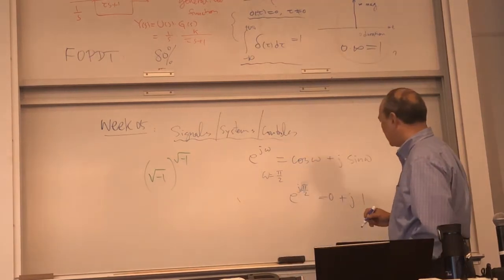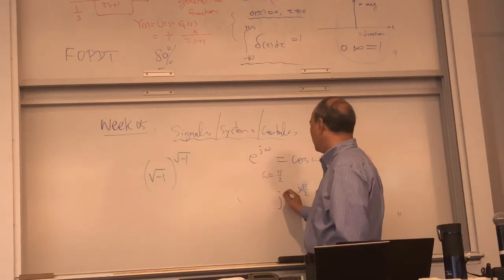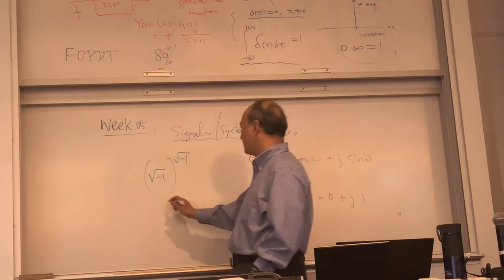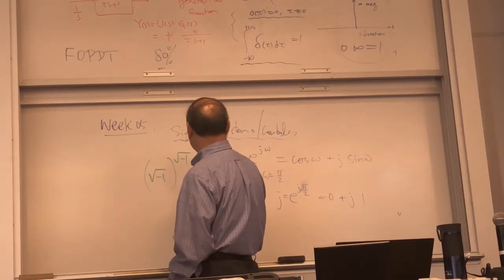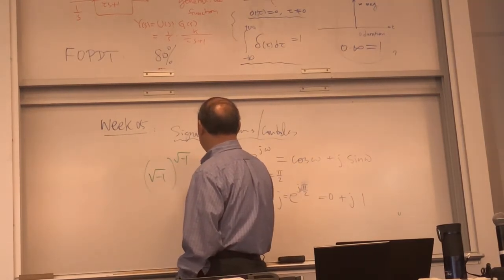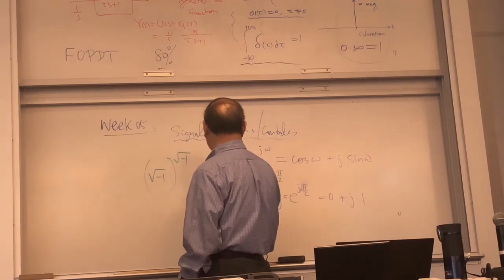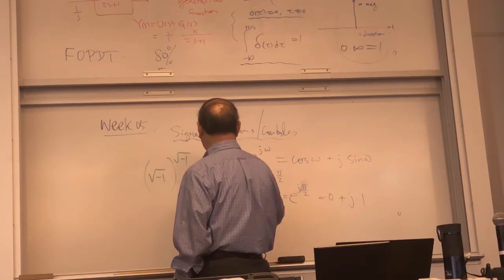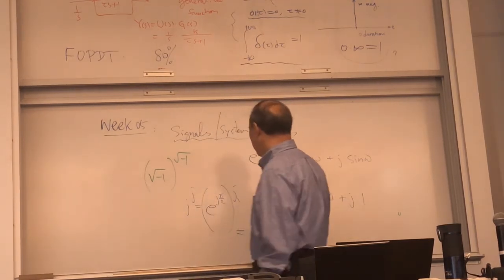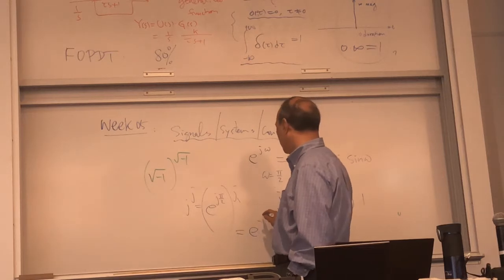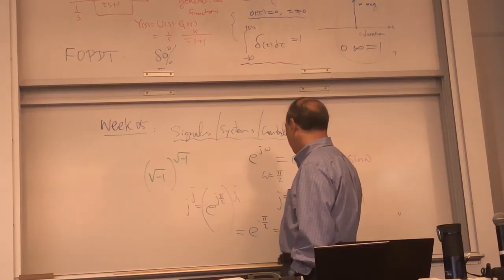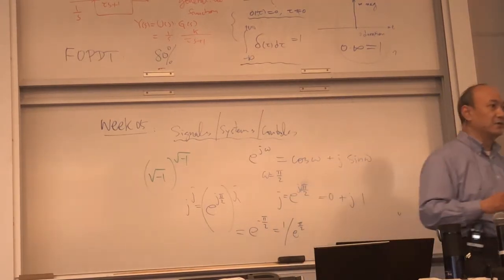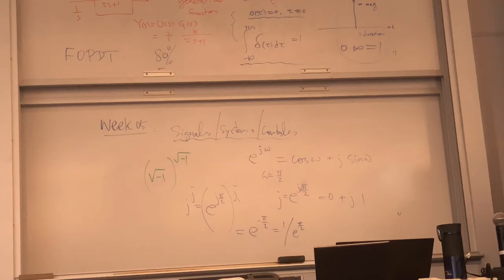So in other words, I can write j equals this one, right? So in other words, j to the power of j is this j replaced by e to the j pi over 2, and put a j in here. So this will give you e to the j squared, and j squared is minus 1, so it's 1 divided by e to the pi over 2. Make sense? Yes? Tell me, do you really know it?